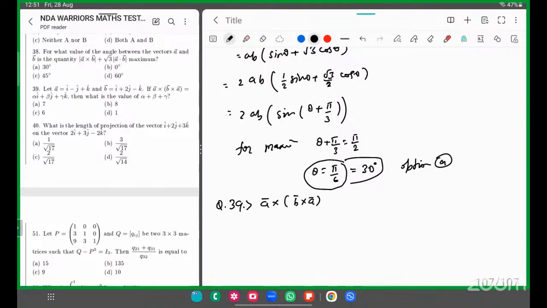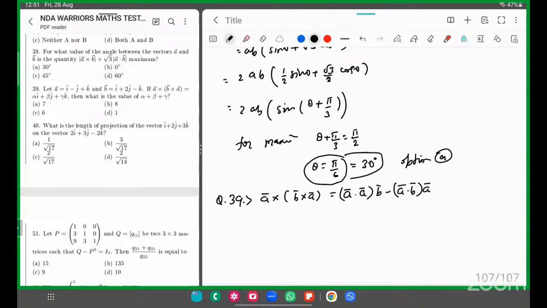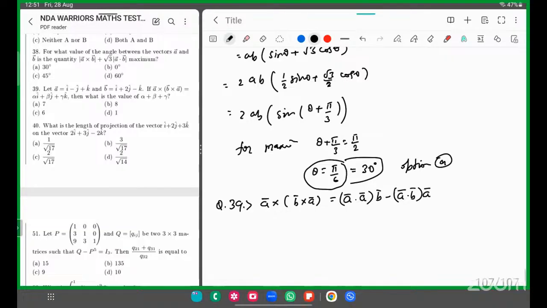A cross B cross A. If I try to solve it, it will be A dot A of B vector minus A dot B of A. So the dot product is fine. A vector into B.